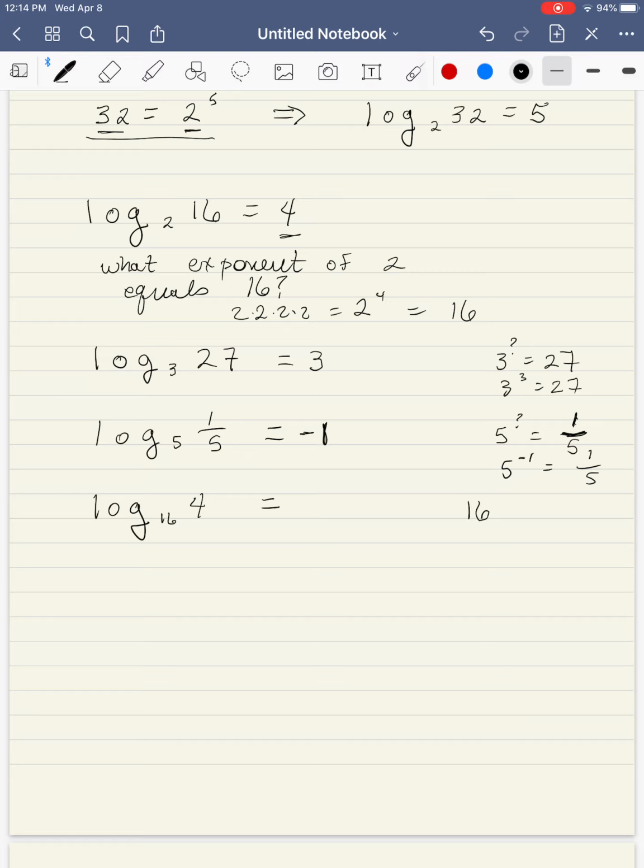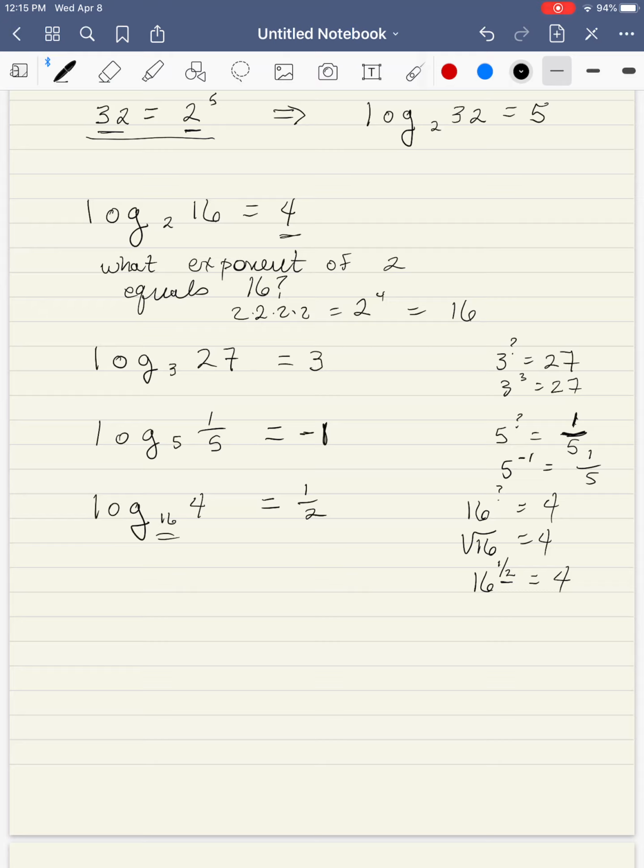And then on this one, I'm saying 16, because 16 is my base, to what power equals 4? If I remember, the square root of 16 equals 4, and I can rewrite the square root as a fractional exponent, I see that 16 to the 1/2 power equals 4. So this one is equal to 1/2.